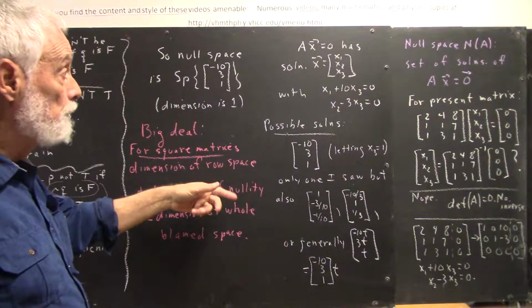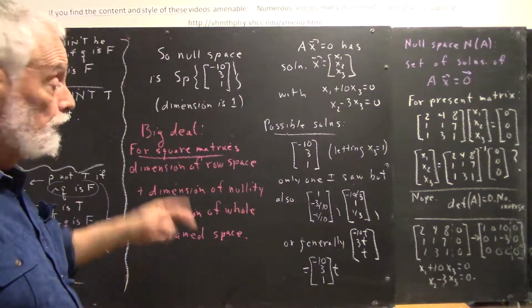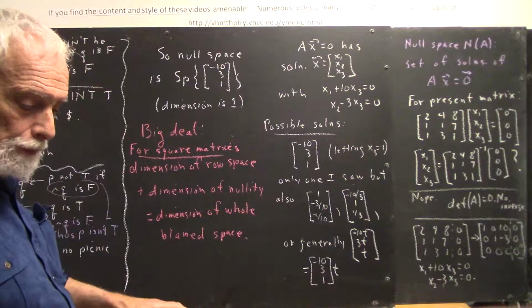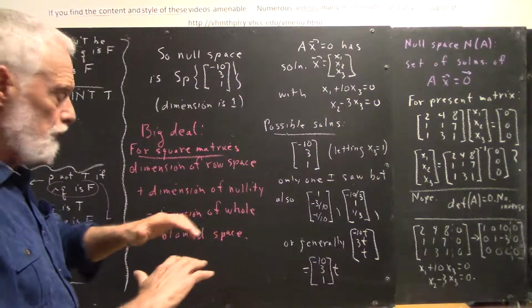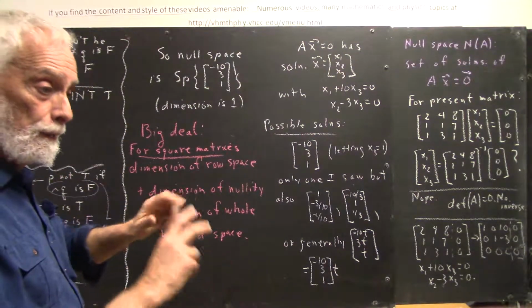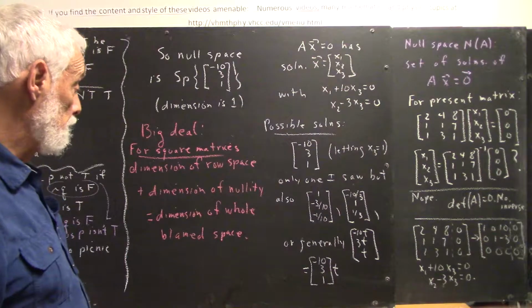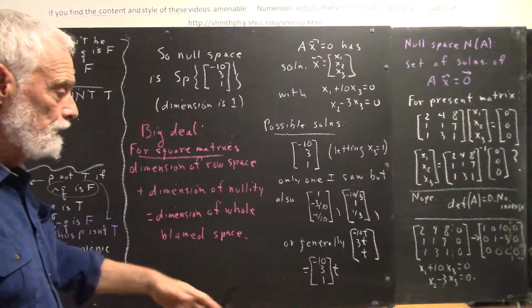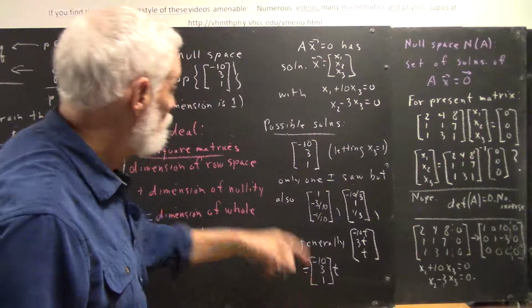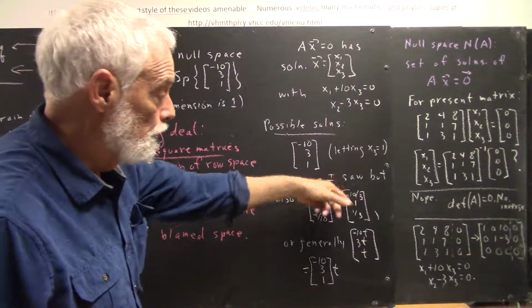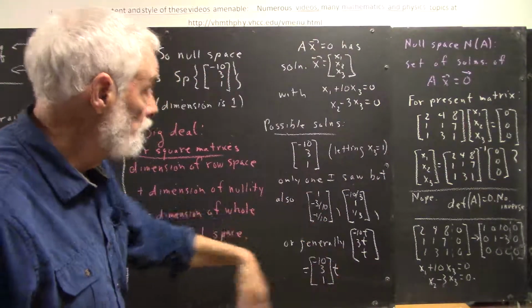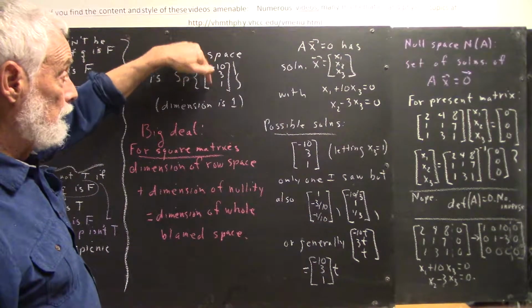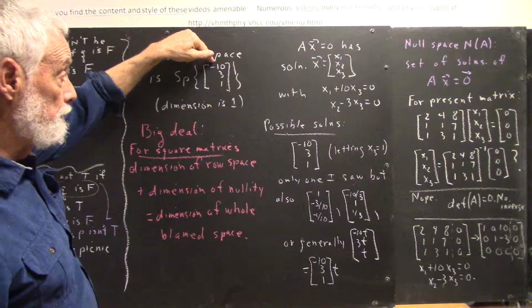Okay, and what did we find? The dimension of the row space of our matrix was 2. We reduced the matrix and found that the row space could be spanned by 2 linearly independent vectors. So the dimension of the row space was 2. The null space can be spanned by just this one vector, or this vector, or in general, this vector. We chose to write it as the span of this vector.